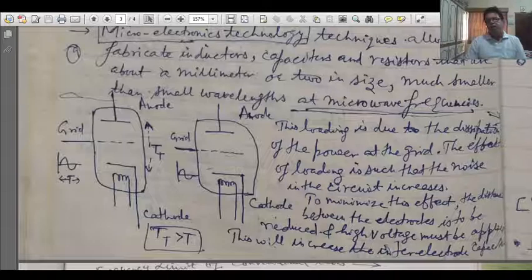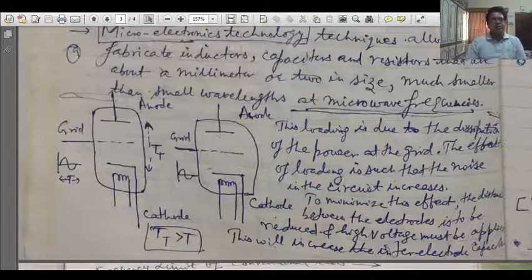This will increase the inter-electrode capacitance. And in this figure, the transit time is shown, and how the transit time increases.